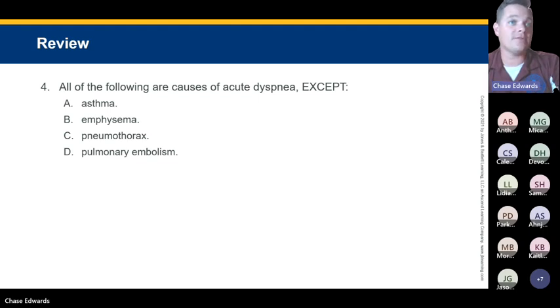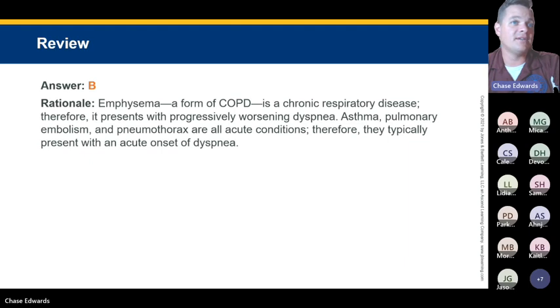So all of them are causes of acute except, which one is the except? There we go. B, emphysema. Chronic meaning long time, acute being short. All the rest of them were acute issues. But they ain't nothing cute about it.